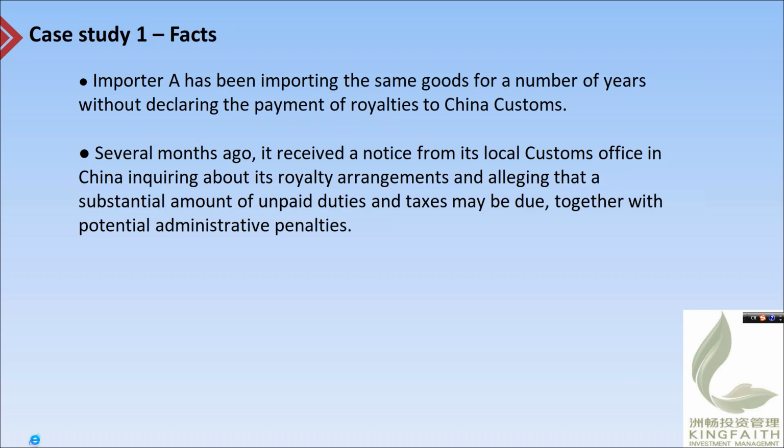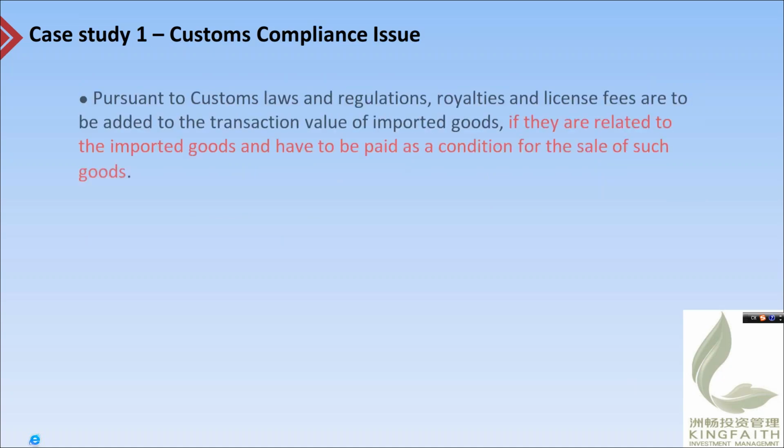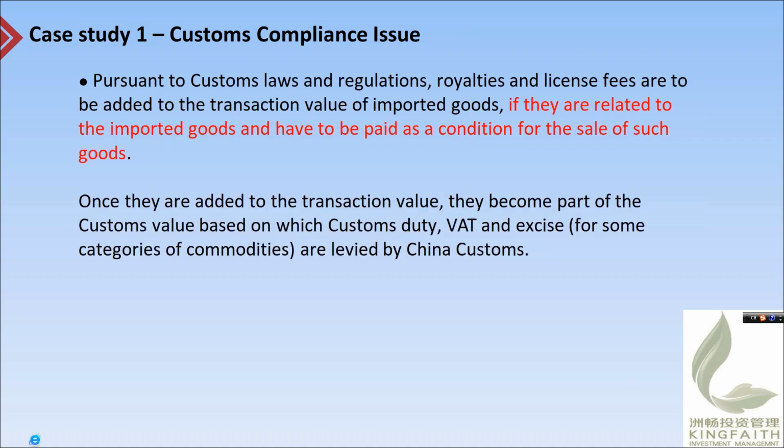So in this case, to sum up, the customs compliance issues can be summarized into two points. The first point is that pursuant to customs laws and regulations, royalties and license fees are to be added to the transaction value of imported goods if they are related to the imported goods, and secondly, they have to be paid as a condition for the sale of the goods.